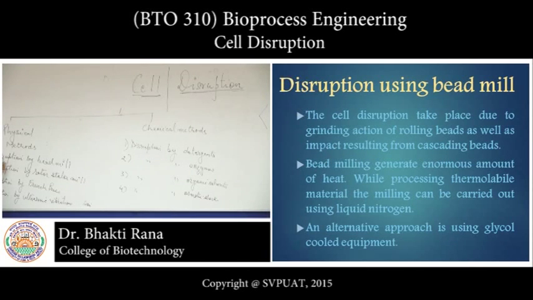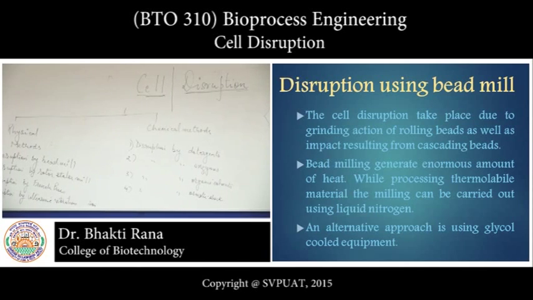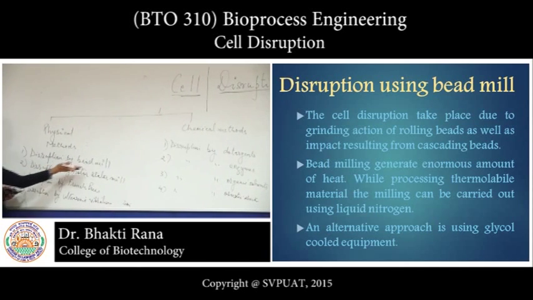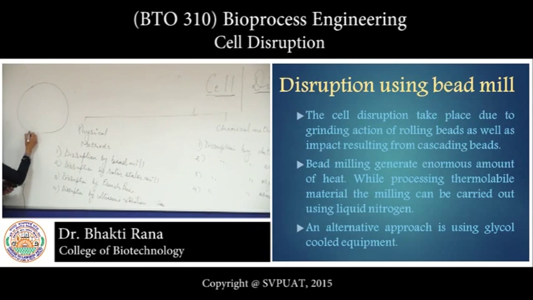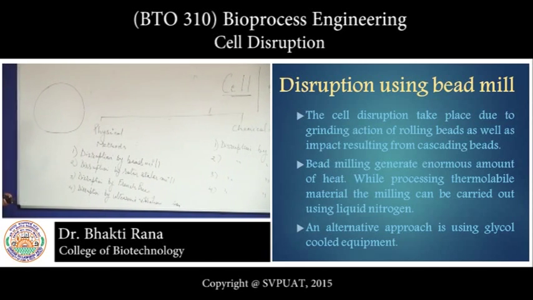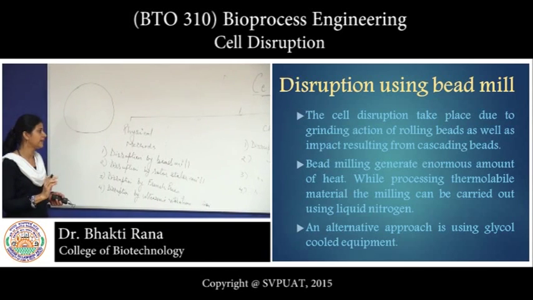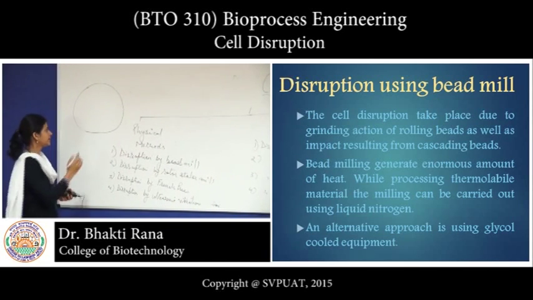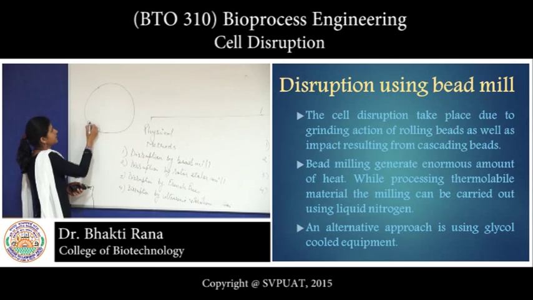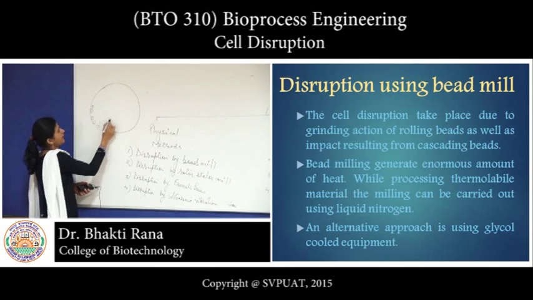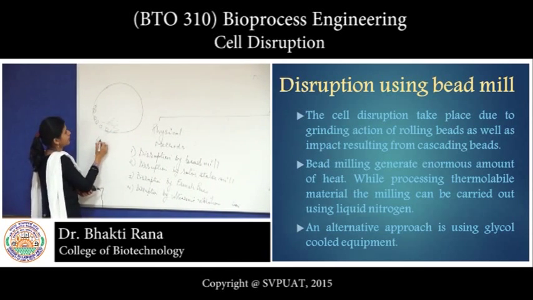For example, first one is disruption by bead mill. Disruption by bead mill means, as the term comes, beads. You are going to use beads to disrupt a cell. For example, at home we have a mixie. If we use a grinder, the beads start rolling. Some of the beads touch the surface, and here you have the cell that you have to disrupt.